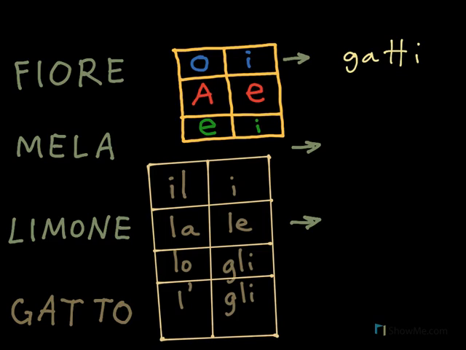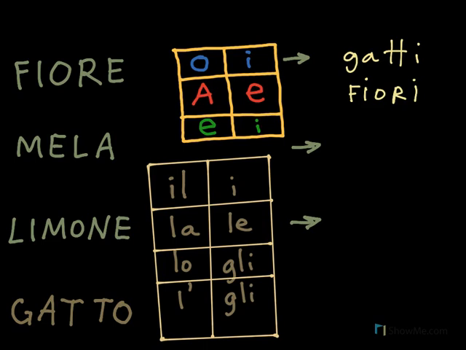Then you have fiore. If a word in Italian ends on e, no matter whether it's masculine or feminine, for the pluralization you will substitute the e with i. So it will be fiori, and it is the masculine plural.